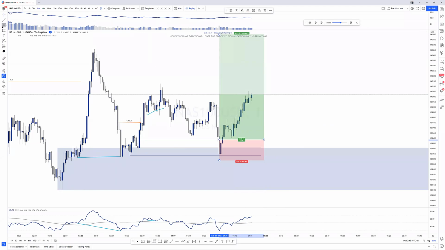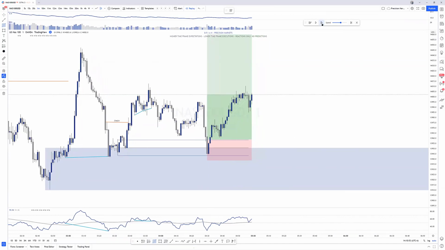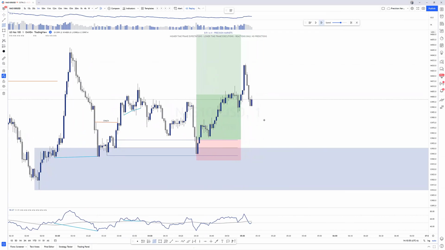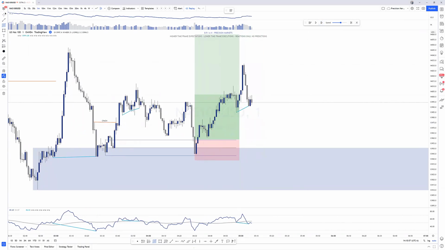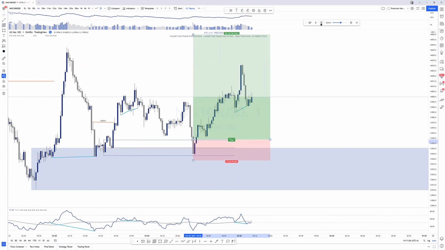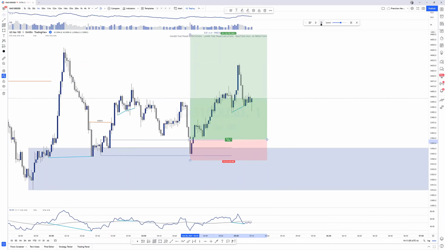I have a little tool that I use to see. All right, price is moving up. Let me make this a little bit wider. Now we're in this period where price is waiting before it goes into the New York session.